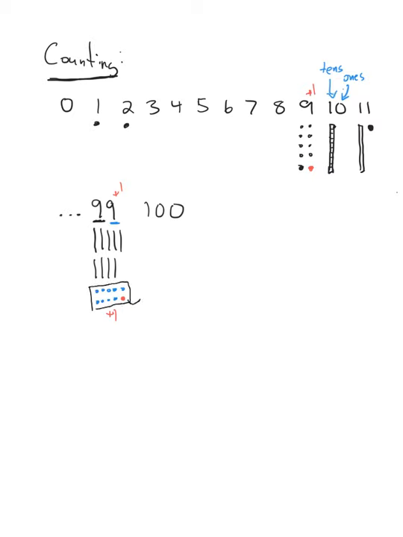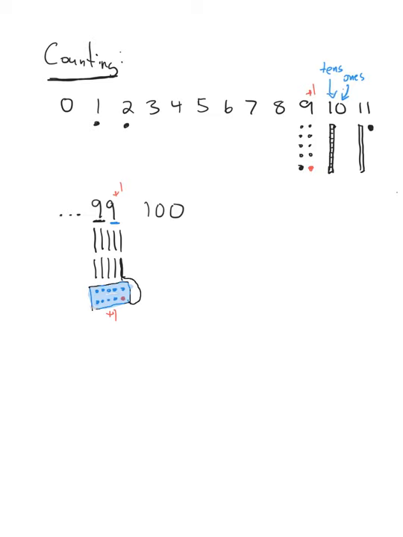I can regroup these into an additional 10. So now I don't have any ones left. I regrouped them. Maybe I'll color in what I've regrouped. I'll do it in blue, I guess. So I regrouped all that to make the one where the arrow goes to.